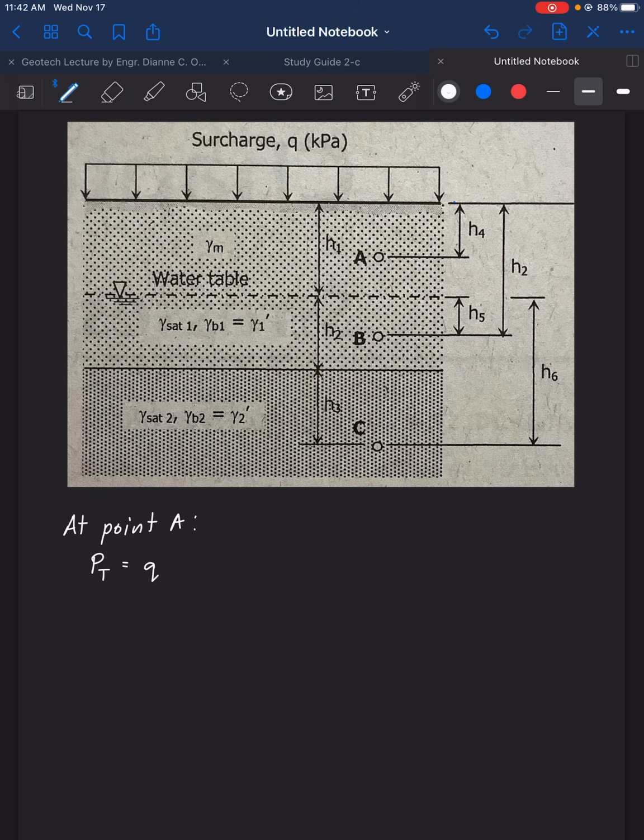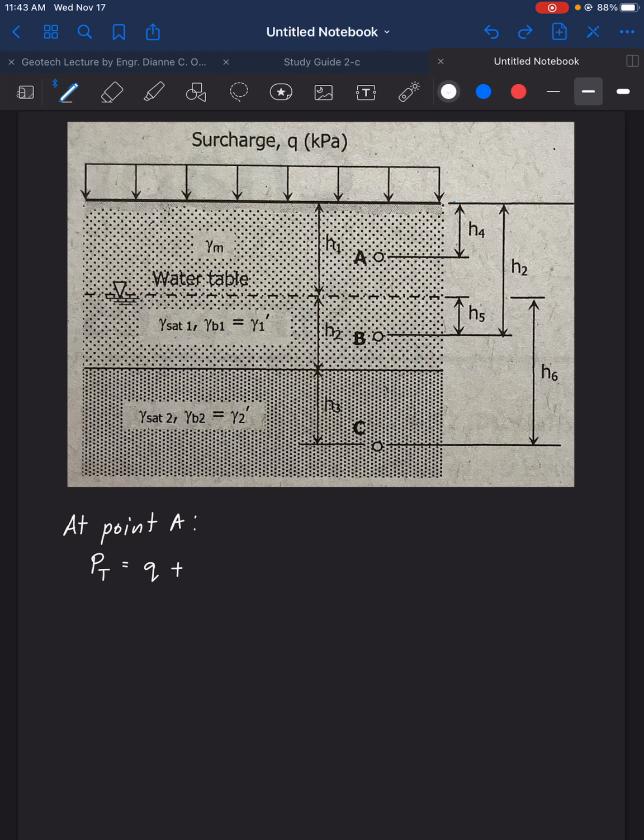So obviously the unit should be in kilopascal. So Q is already in kilopascal. Plus, we have here the H4. We will have the given gamma moist.